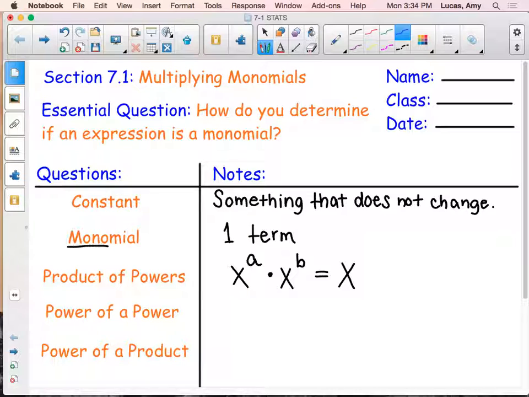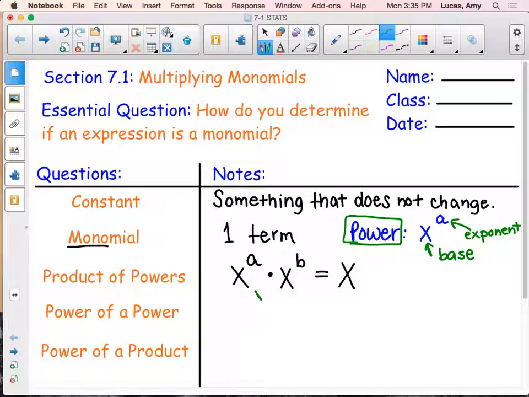So with a power, I'm going to write this over here, with a power like this, we call the x the base, and then we call this a, this little raised number, the exponent. So that whole thing is called a power. So now what we're doing here is we're multiplying together two powers.